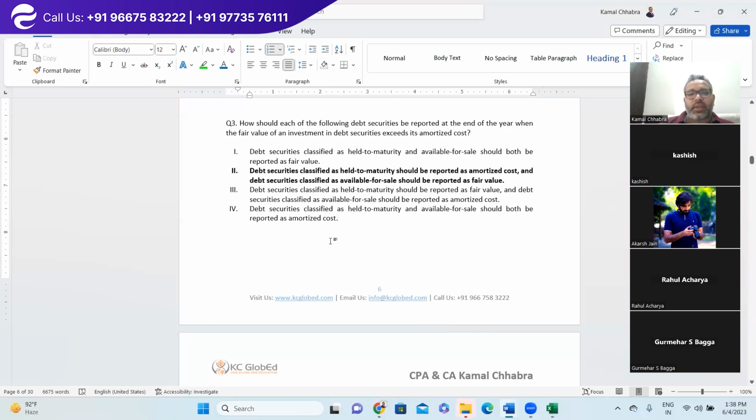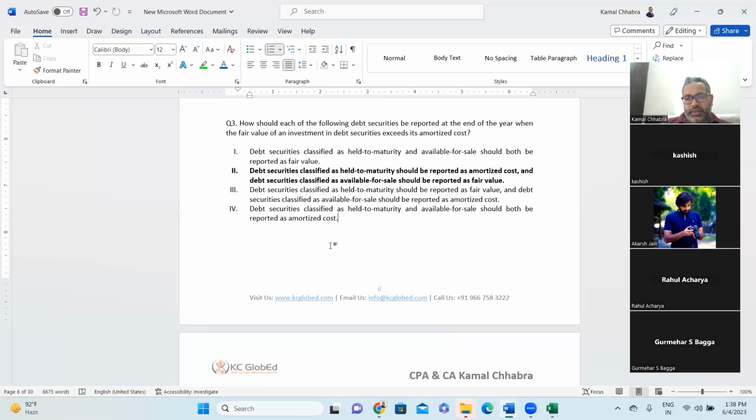Second option says held to maturity should be reported at amortized cost, and available for sale should be reported at fair value. This is correct. Third option says held to maturity should be reported at fair value. This is incorrect.